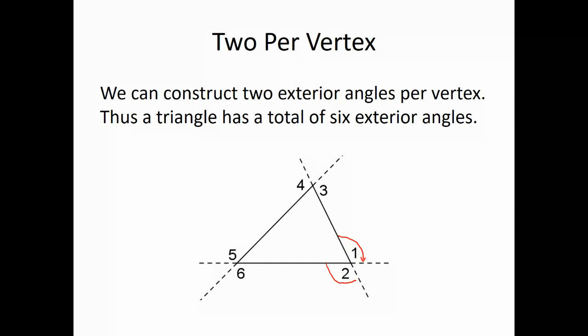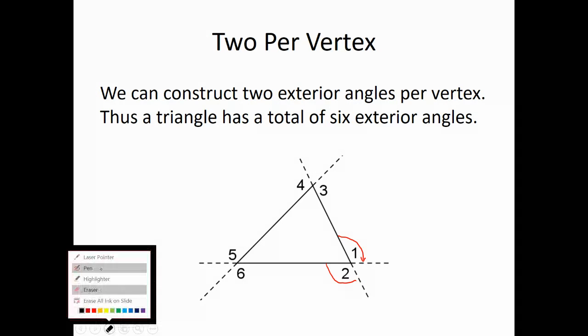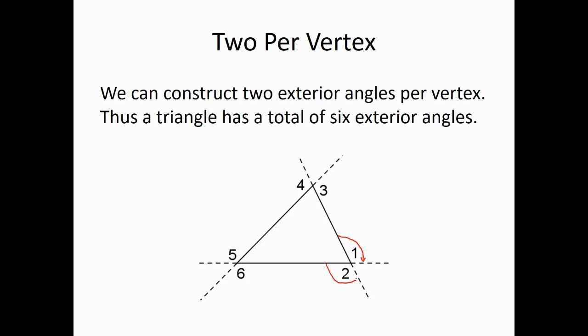And at the other vertices, we did the same. We extended each of the sides, and the result was a pair of exterior angles. Okay, so here they are, the exterior angles 1 and 2, and then 3 and 4, and then 5 and 6.